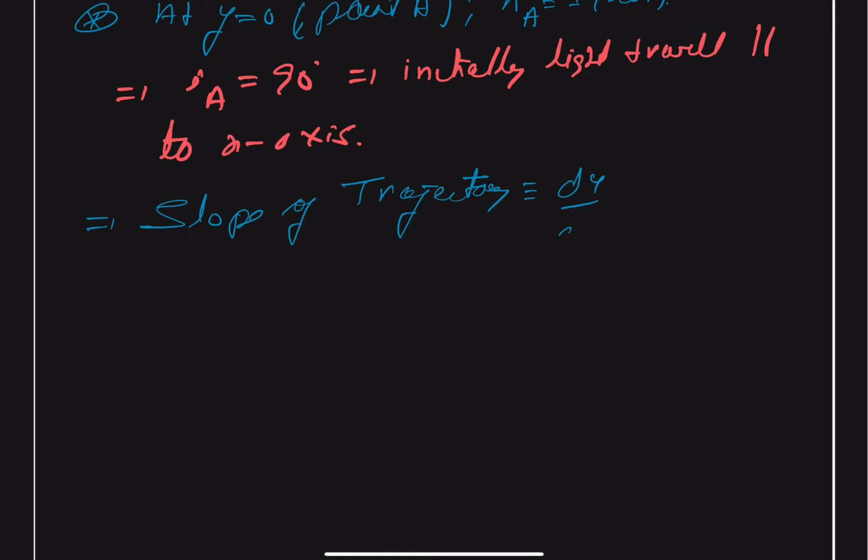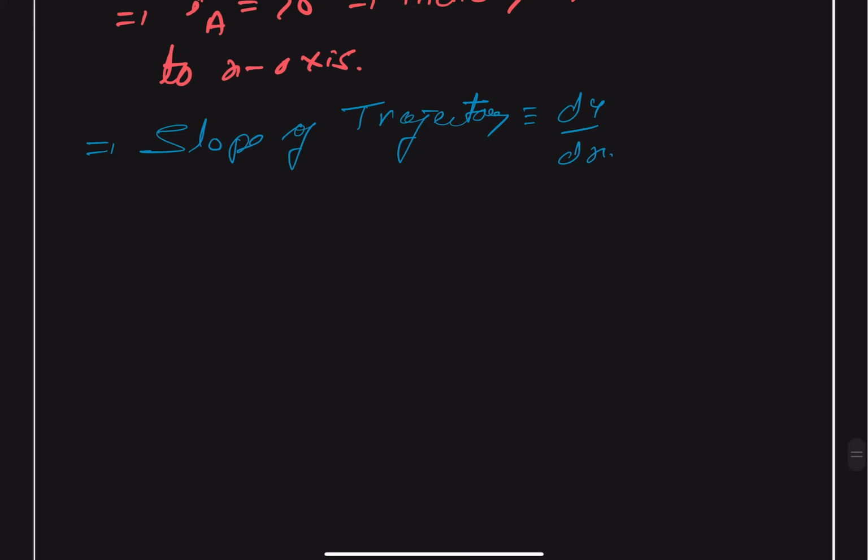This can be represented as tangent of theta, which is also our dy by dx, and we just found out that it is cotangent of I. Now we can use Snell's law at point A and at point B.